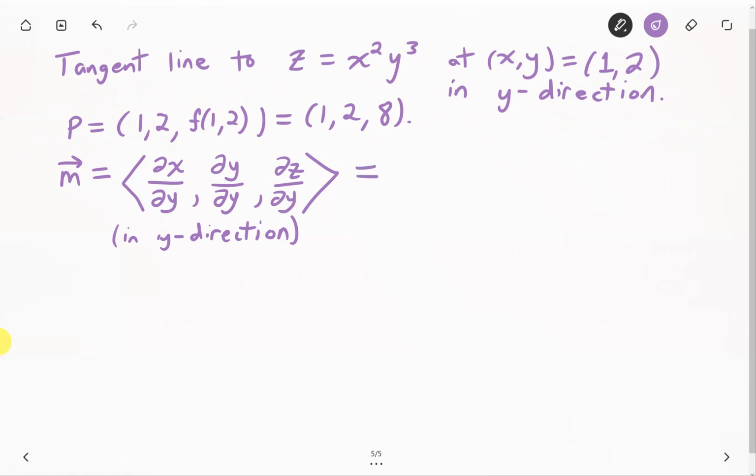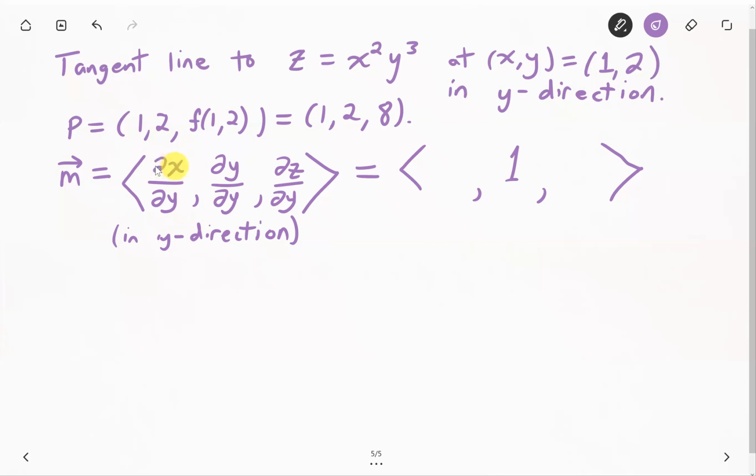And as before, some of these are quite straightforward to calculate. One of them involves a little bit of calculus. For example, in the second component, we have dy divided by dy. It's definitely 1. And the first component, we're looking for the change in x as y changes. But again, in this case, we're holding x constant. Right? We're interested in change in y.